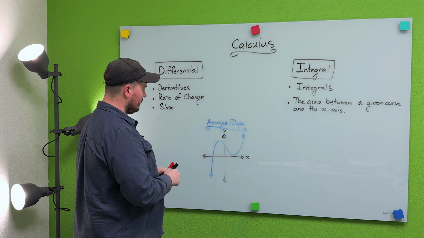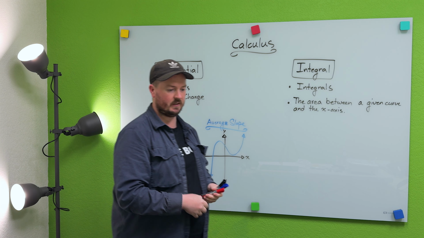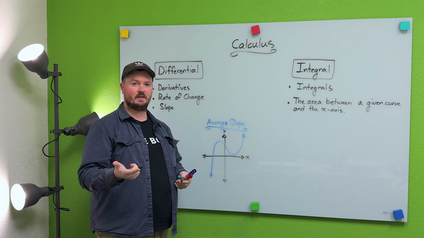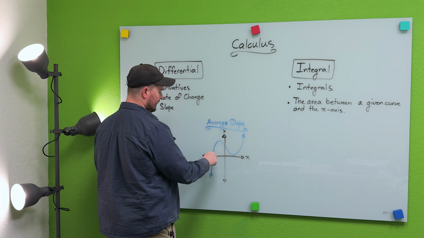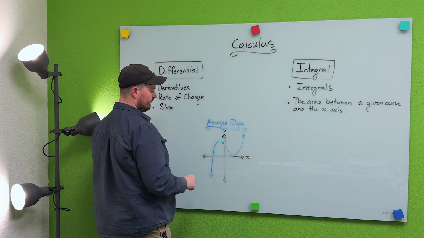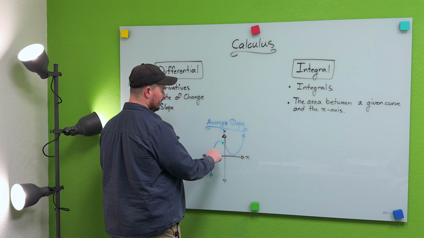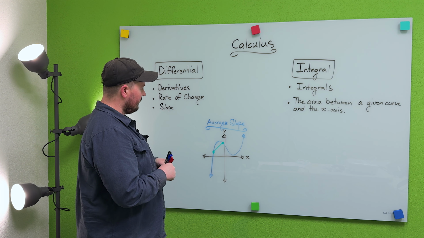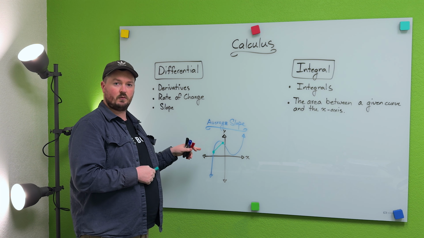Well, if you recall, many of the slope questions you would have dealt with previously told you a starting point and an ending point that you wanted to find the slope in between. So I could say I want the slope from here to here. And what you would have done previously is found the straight line that brings you from point A to point B.